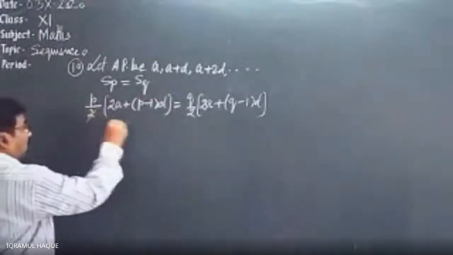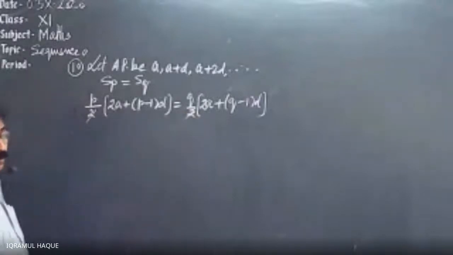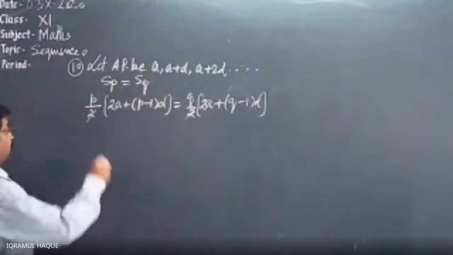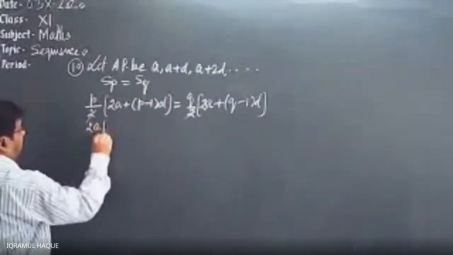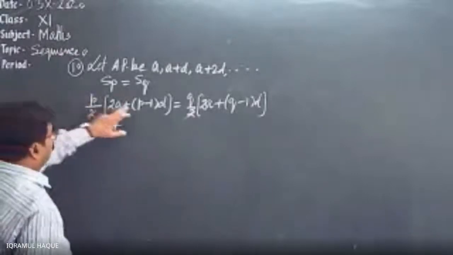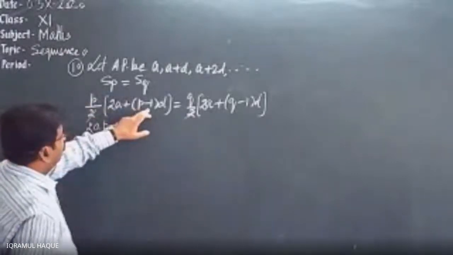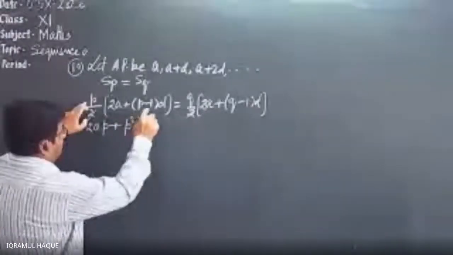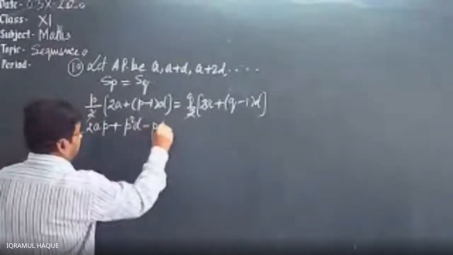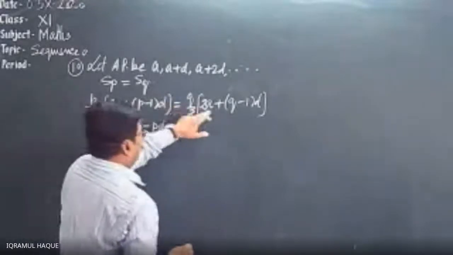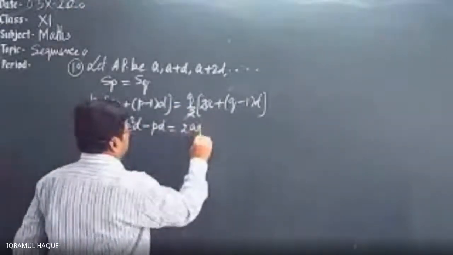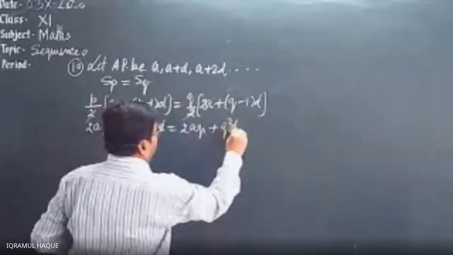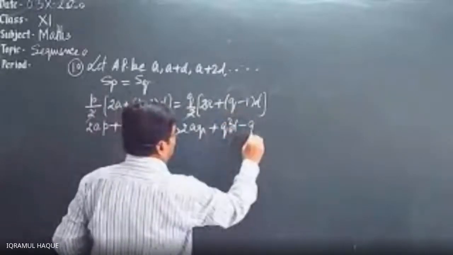This 2 and 2 will go. Multiply this p in the bracket, multiply this q in the bracket. Let's see. We have 2ap plus p square d minus pd. This side, we have 2aq plus q square d minus qd.